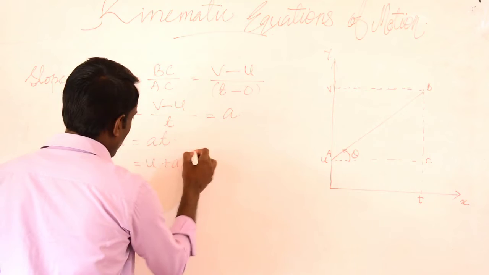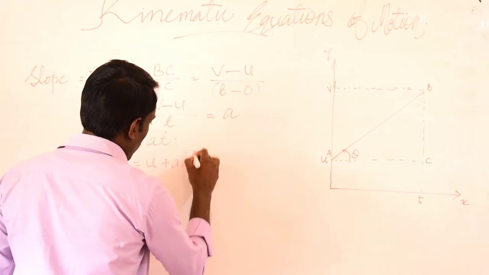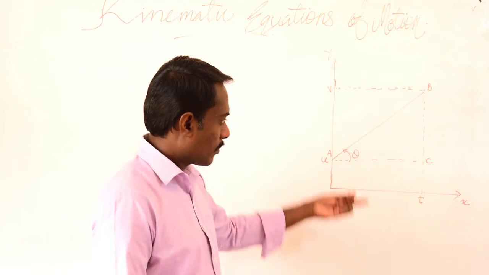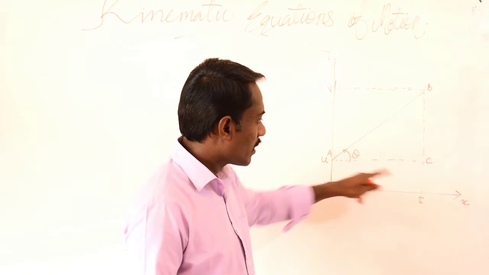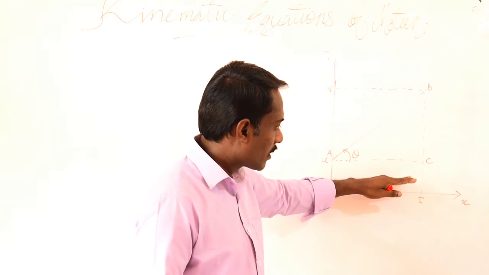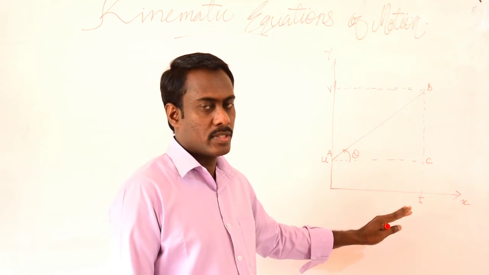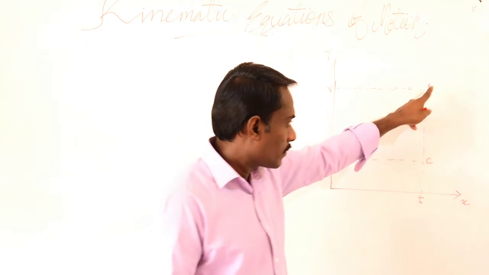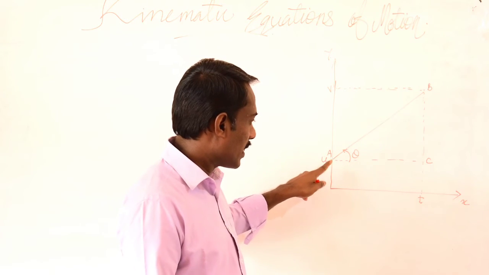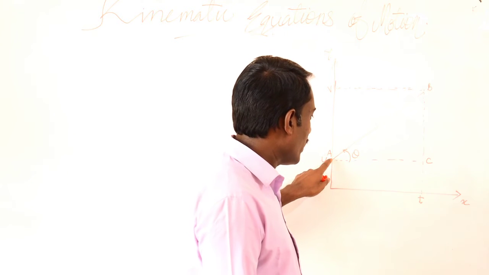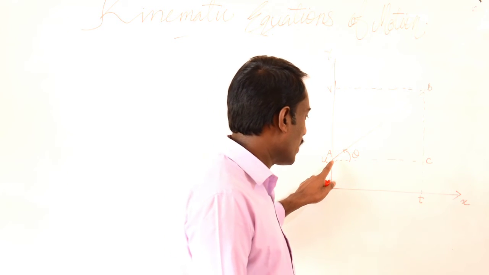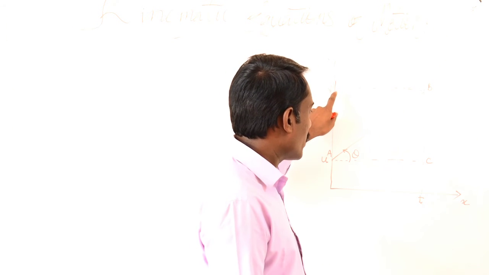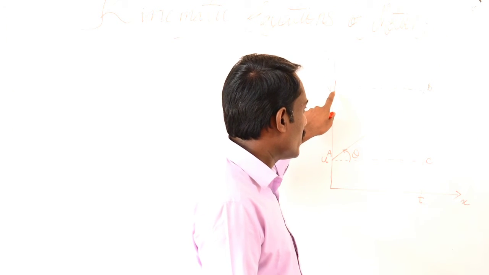So we derive the first equation of motion from the graph. From the same graph, we know that the area under the VT graph gives the magnitude of the displacement of the object. The VT graph is a straight line AB, with point A being the initial velocity U at time t equal to 0, and B being the point where the final velocity is V at time t.